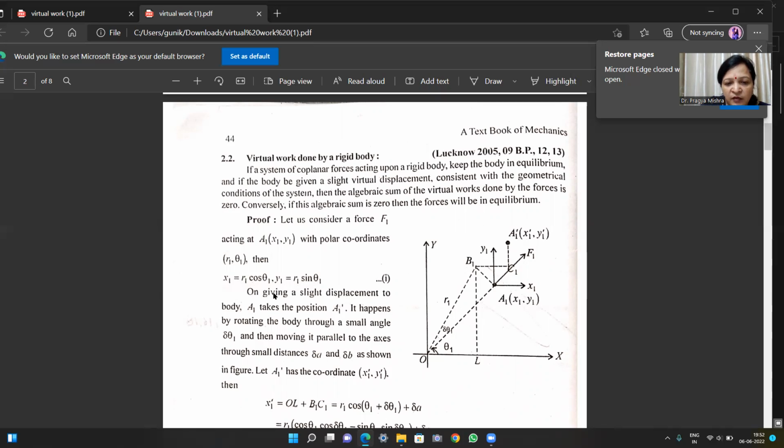Now, giving a slight displacement to the body, A1 takes the position A1 dash, and it happens by rotating the body through a small angle delta θ and then moving it parallel to the axes through the small distances delta A, delta B as shown in the figure, and let A1 dash have coordinates x1 dash, y1 dash.